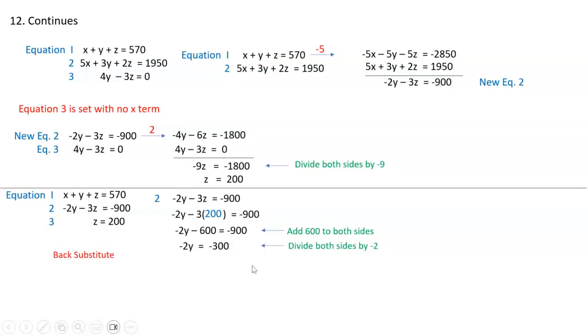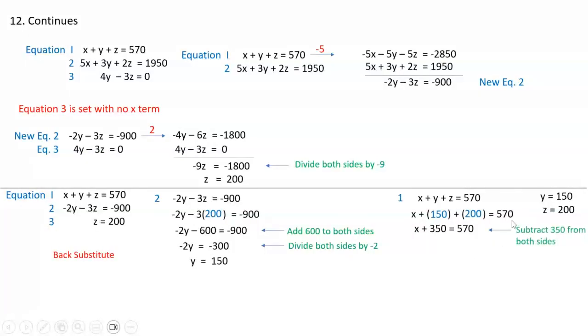We divide by -2, and it gives us y equals 150. Now I'm going to go to equation 1 to finally solve for x. We know what y is and what z is, so I'm going to plug in 150 for y and 200 for z. We subtract 350 from both sides. So x equals 220.